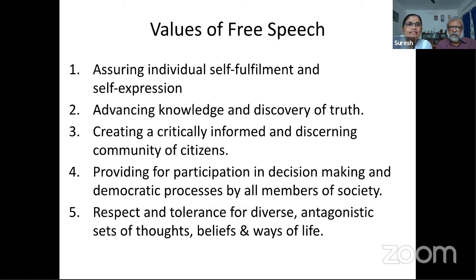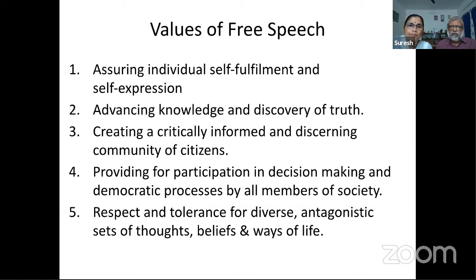The second is advancing knowledge and discovery of truth. So without free speech, we may probably lose out on a lot of knowledge and in discovering truth. All of us are familiar with the whole incident of Galileo, where when he articulated that the earth is not the center of the universe, but rather the sun, he was silenced, and it has put us all back by several centuries because the church silenced him from articulating this truth and thereby advancing our knowledge of the universe.